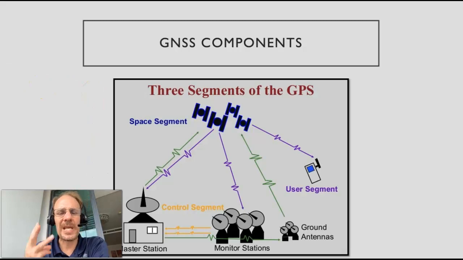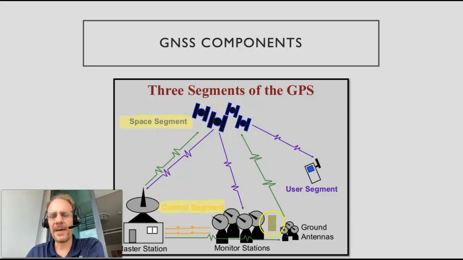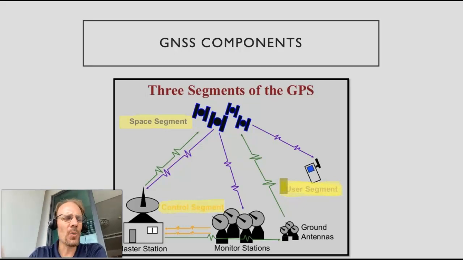There are three segments that are part of a GNSS: the space segment, which will be the satellites; the control segment, which is how we manage these satellites and make sure that they're working correctly; and the user segment, which is essentially you. Every time you get your smartphone out and use it to navigate to your friend's house or to your favorite restaurant or wherever you might go, you're the user.